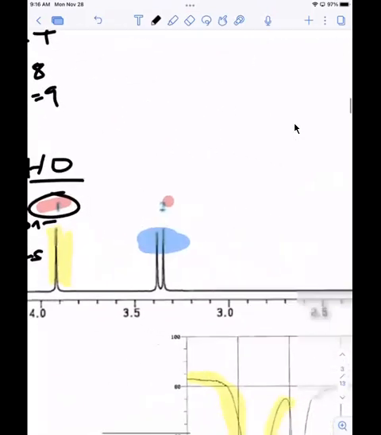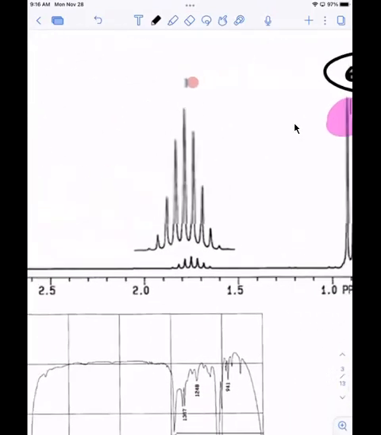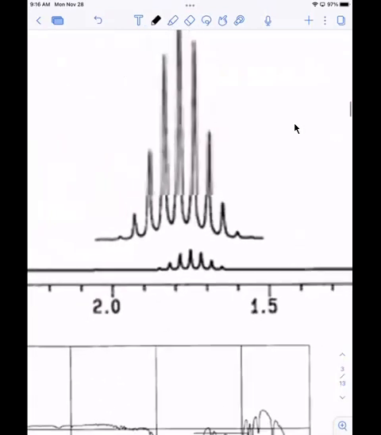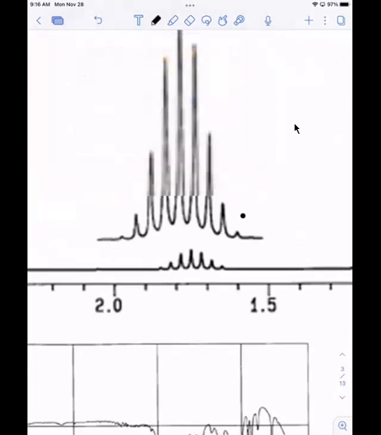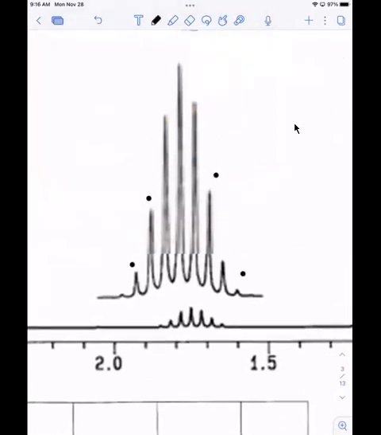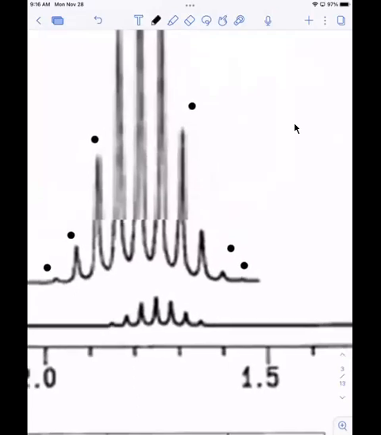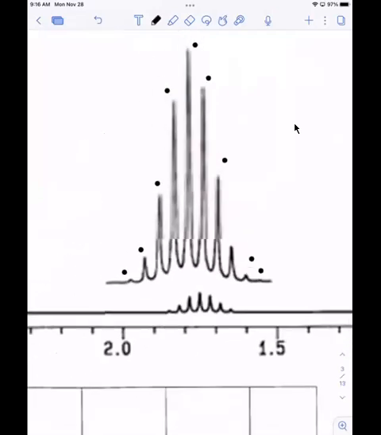And if we look back at the spectrum, you can see that. That's why I zoomed in on it. These two little outer shoulders matter. So that's 1, 2, 3, 4, 5, 6, 7, and then there are 2 more shoulders out here, 8, 9. It may be kind of hard to see, but they are there. And the reason it has that symmetrical shape is because of that model that I showed you, Pascal's triangle.